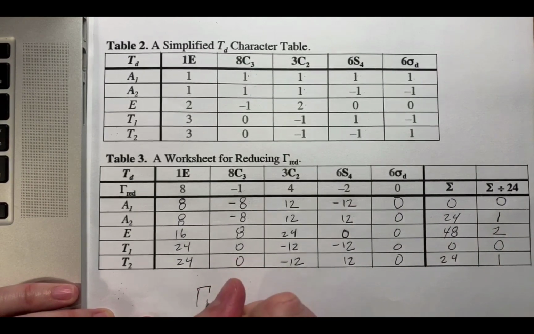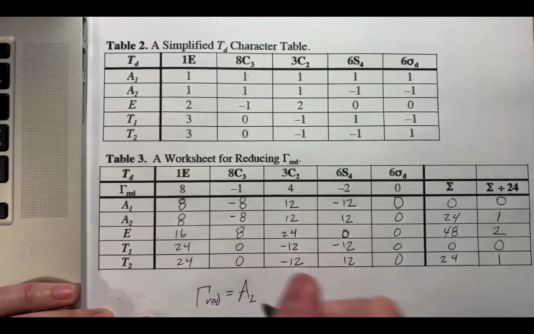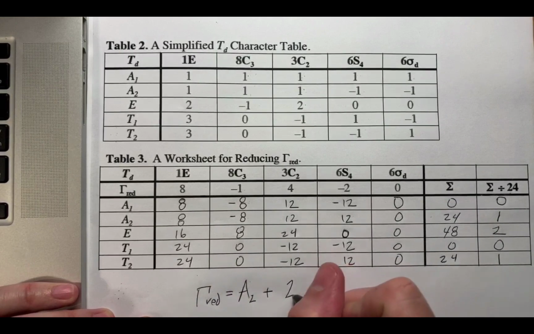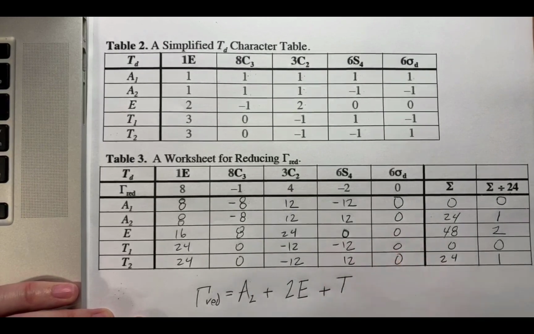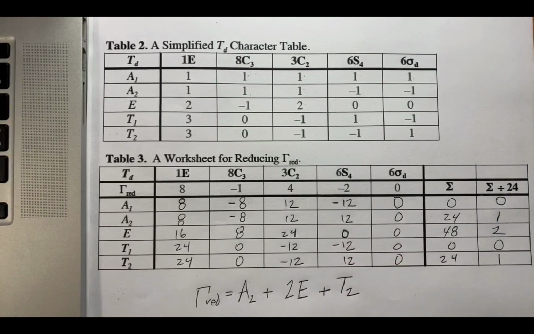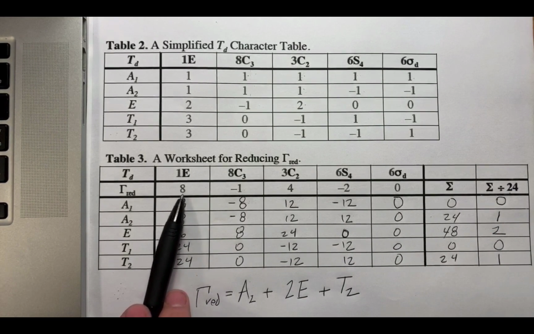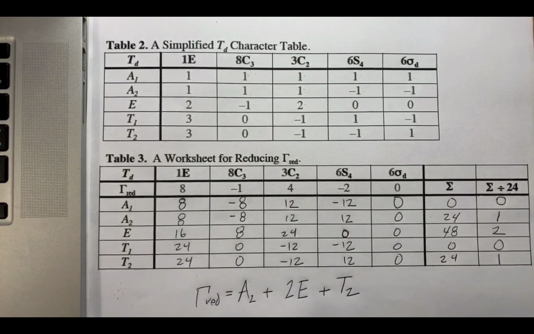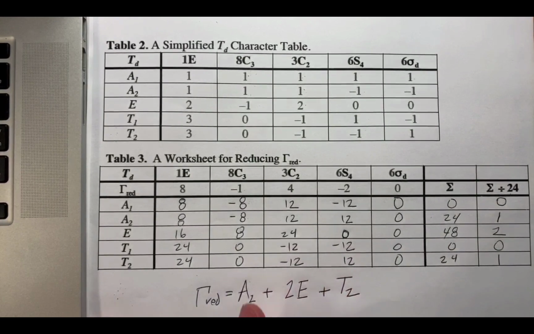So whatever this reducible representation is all about, it is composed of an A2 plus 2 E's plus 1 T2. And one final check that we have on this is, whatever number we have here in the reducible representation, this is the order of the reducible representation. So this is singly degenerate, so this gives us 1.